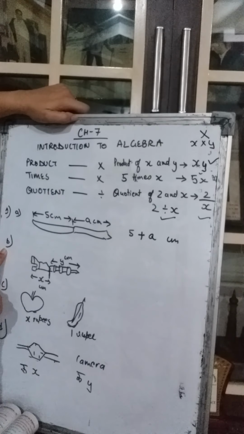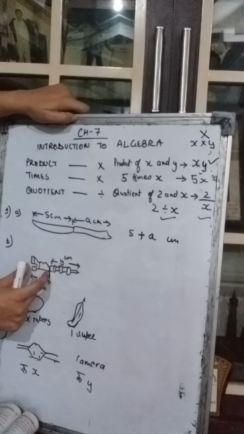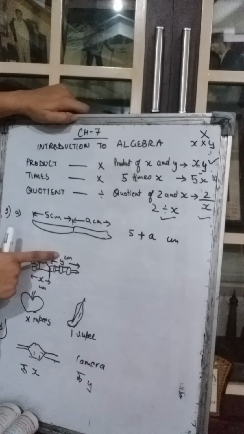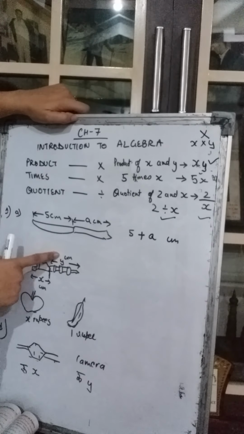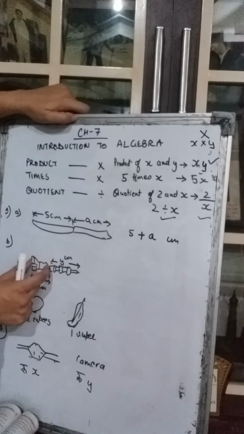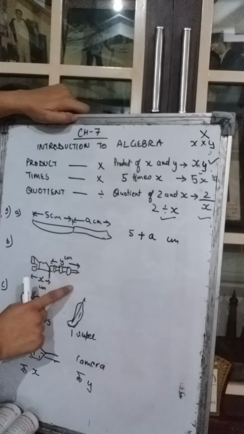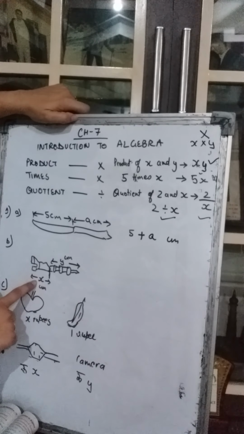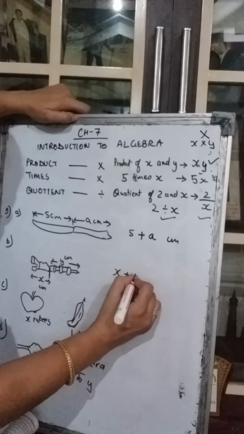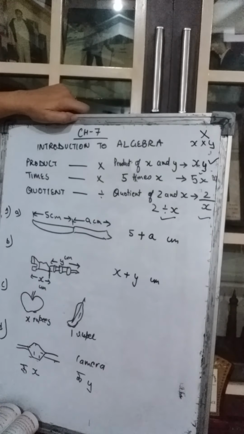Now we come to the B part. A screw is given. The first portion of the screw is x centimeter and the second portion is y centimeter. They are asking what is the total length of the screw. Suppose one was 2, one was 3. So it would have been 2 plus 3. So here it will be x plus y centimeter.